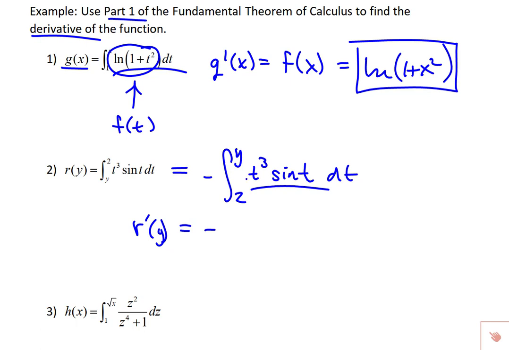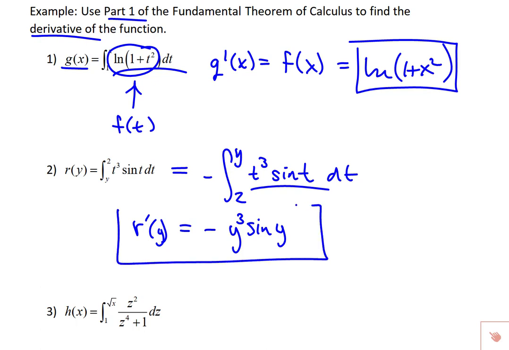Now we simply write f of y, where we'll get y cubed times the sine of y. And so there's our r prime of y value using the first part of the fundamental theorem. It seems like simply variable swapping, but if you understand the full context, it really does work.